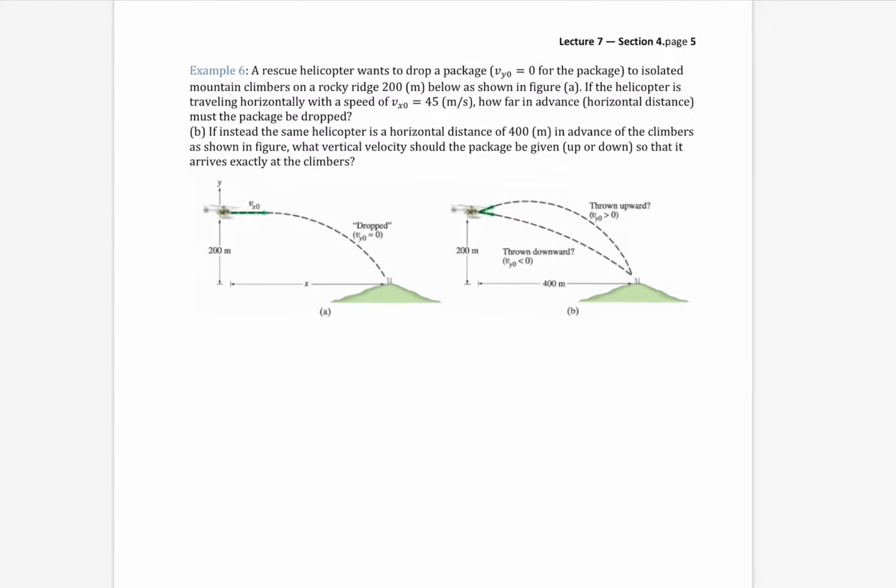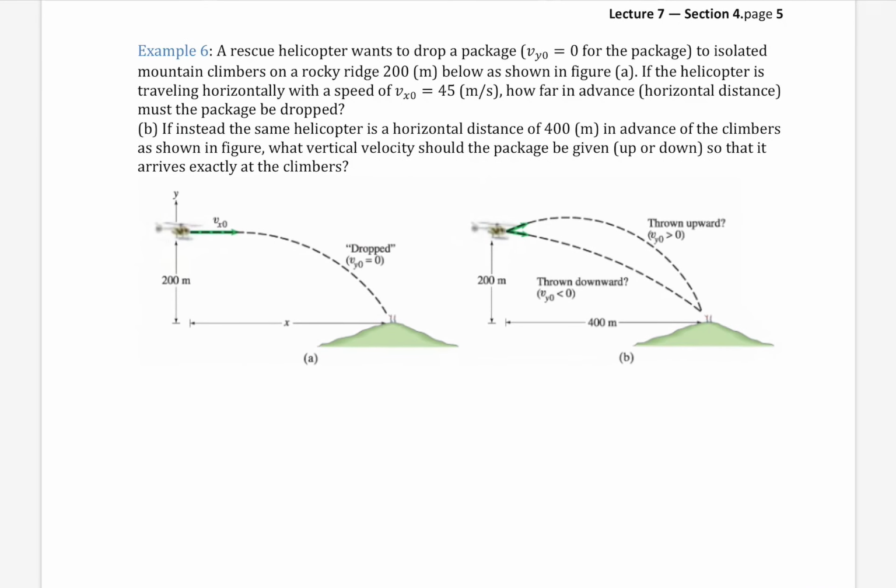So example 6 is just another kind of dropping something from a higher height problem. I'm just going to go through it quickly. I went ahead and included it because there's a lot going on. There are two separate cases. Case A is basically just the Alaskan drop all over again. You're just going to be solving for x. But part B is quite interesting, because now we ask, what if we want the range to be 400 meters?